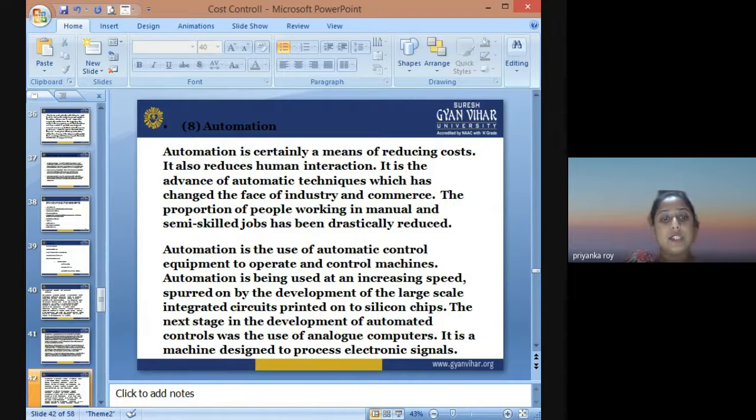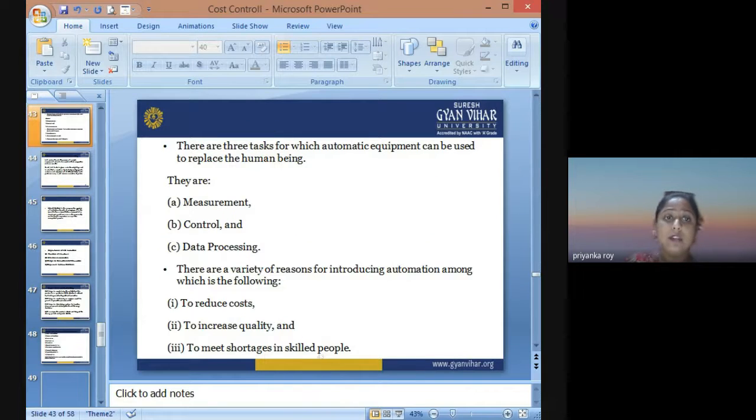It is a machine designed to process electrical signals. Now, there are three tasks which automatic equipment can perform in replacing human beings, that is measurement, control and data processing.